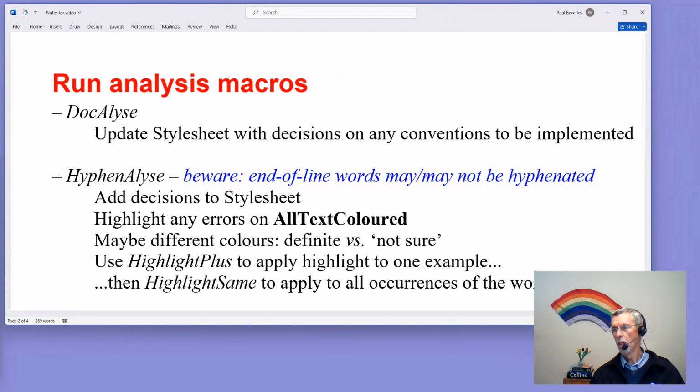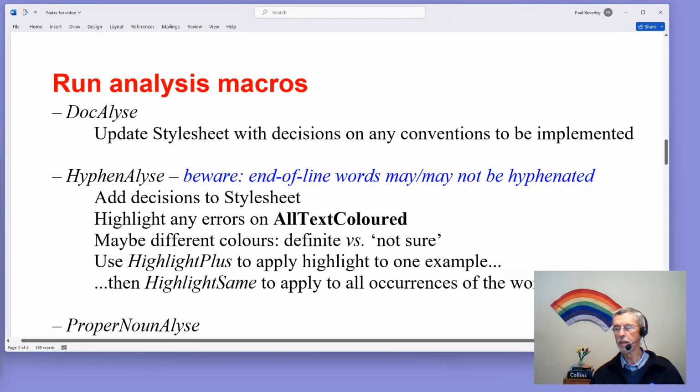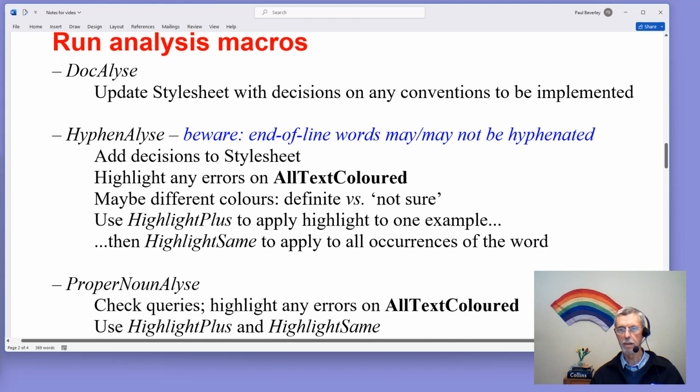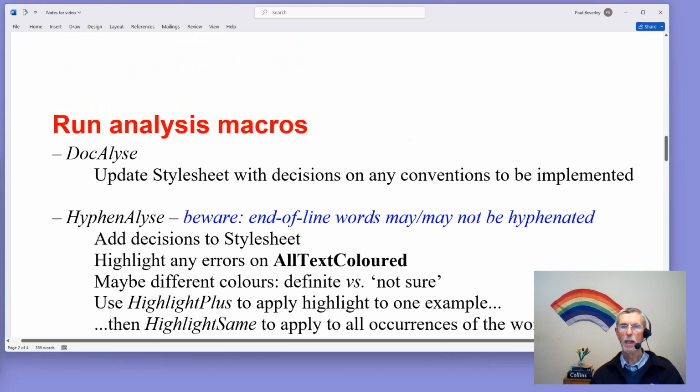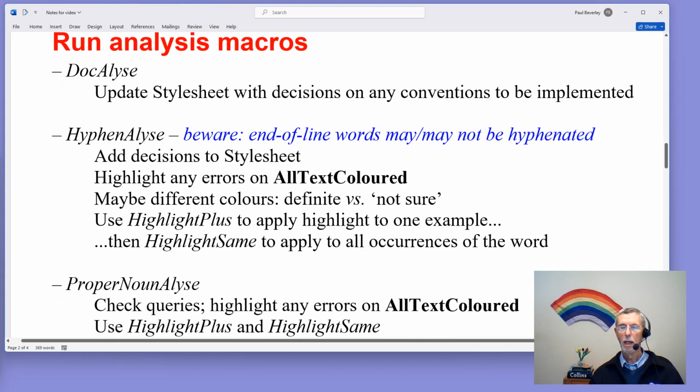Sometimes, with complicated formatting, some of the analysis macros can fall over, so the pure text file is quite useful for doing some of these analyses. Certainly for Hyphenize and Prop and Analyze, all you're interested in is the actual words, so pure text is fine.